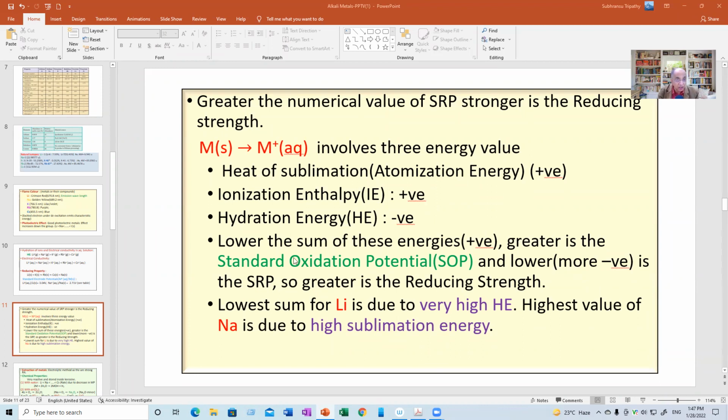It is plus 3.04. But according to IUPAC, we have to put in the table a reduction potential of minus 3.04, and say the greater the numerical value or the lower the SRP, the stronger is the reducing strength. And if you do not look at the negative sign, you say the greater the numerical value of the standard potential, the greater is the reducing strength.